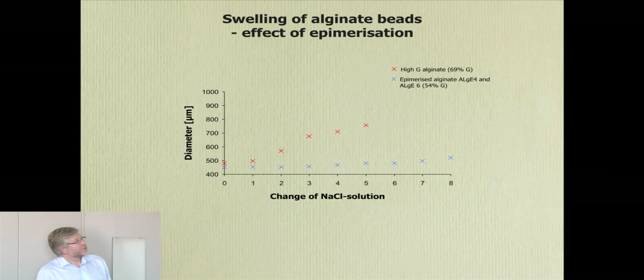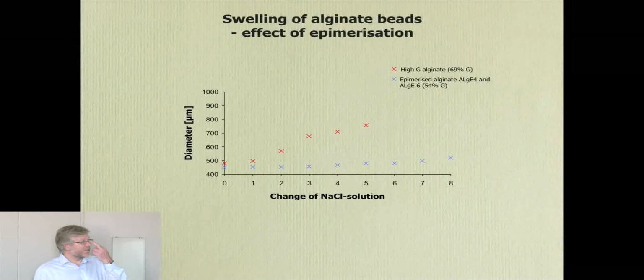But if we made an alginate which was epimerized first with AlgE4 and then AlgE6, 2 enzymes, so we have about 54% G in the end, we have an alginate which is very, very stable, like this. And this is now used in some quite advanced studies I will show later.